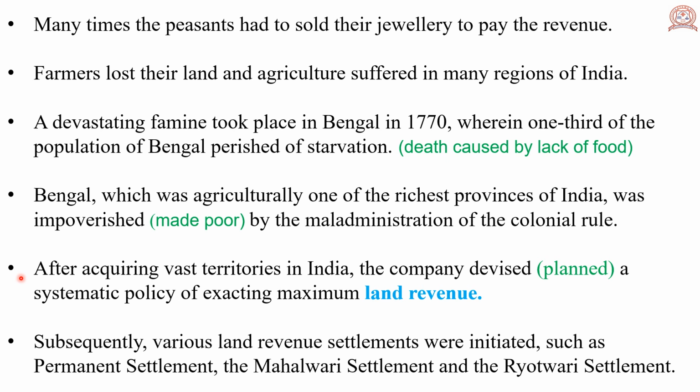The British conquered vast territories in India and they planned a new policy for collecting maximum land revenue from the peasants. Subsequently, various land revenue settlements were initiated, such as the Permanent Settlement, the Mahalwari Settlement, and the Rayatwari Settlement.